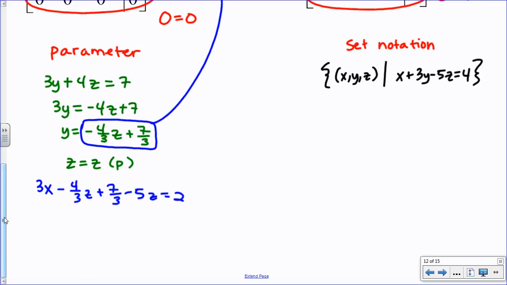You need x equals. So let's go ahead and combine our like terms, our z's there. Negative 4/3 and negative 5 is negative 19/3. Subtract 7/3 from 2.